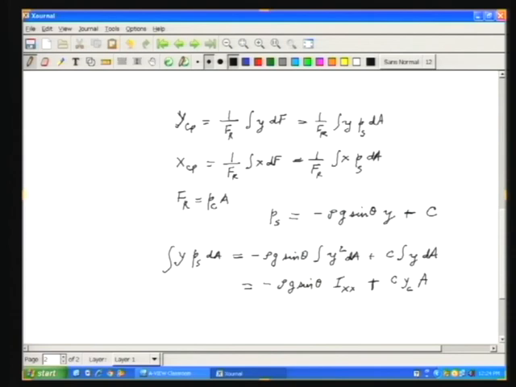Now, you can see why we have put the origin of the coordinate system at the centroid, because then y_c is going to be 0. And you have a simple expression for this. So, you are going to have y_cp is equal to, you have to take this and substitute over here. So, it is minus rho g sin theta into I_xx by F_r.